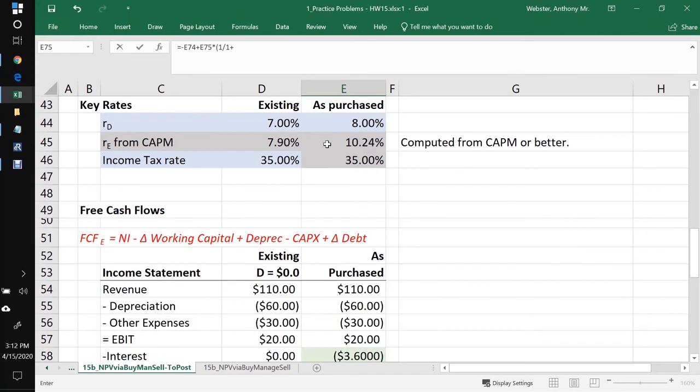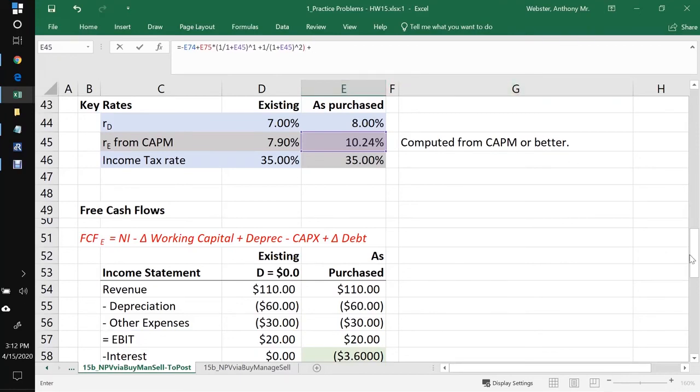I don't want to use my 7.9%, I want to use my 10.424%. So the first cash flow gets discounted back by 1 year, and then we have another one which is going to get discounted back by 2 years. Those are our free cash flow dividends discounted back to t equals 0.